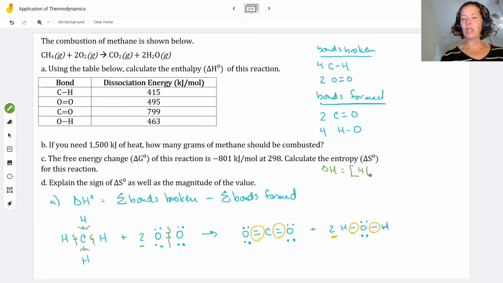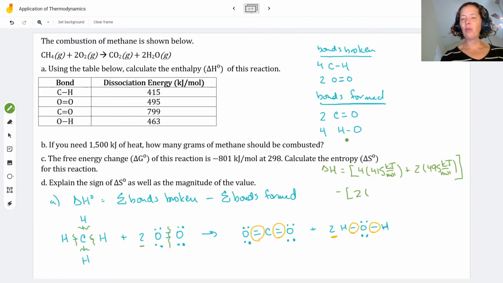That is 4 times our carbon-hydrogen bond, which is 415 kilojoules per mole, plus I have 2 oxygen-oxygen bonds broken. That's 495 kilojoules per mole.